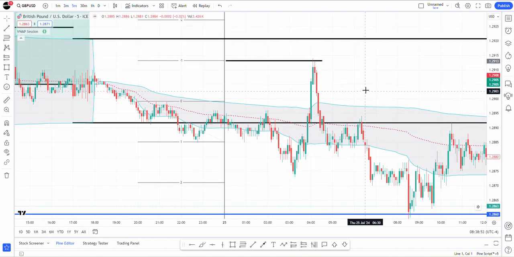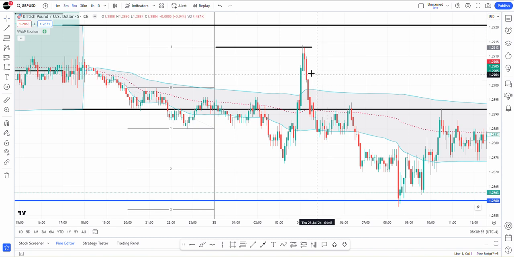I have this area bounces off the projection high of the day. Now you're waiting to see if this is going to hold, waiting to see if you can go through there.